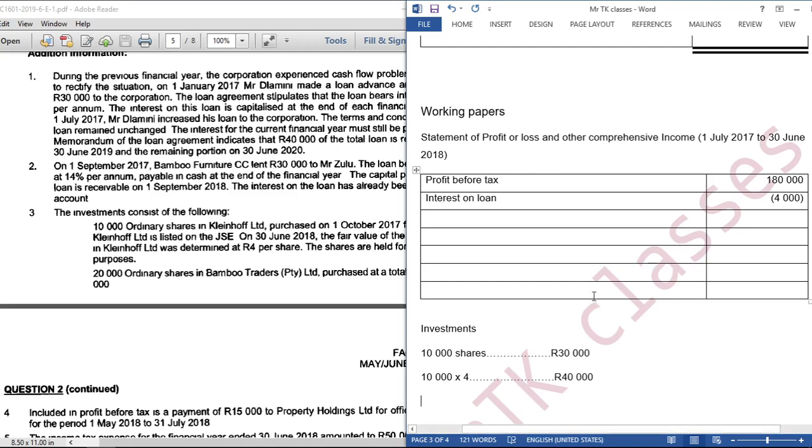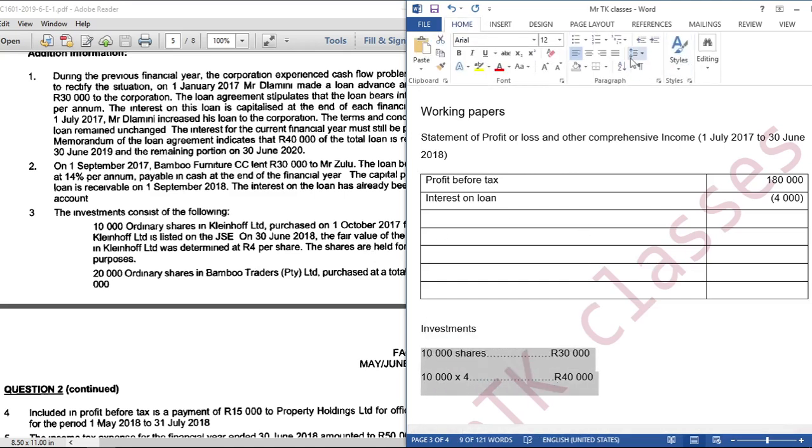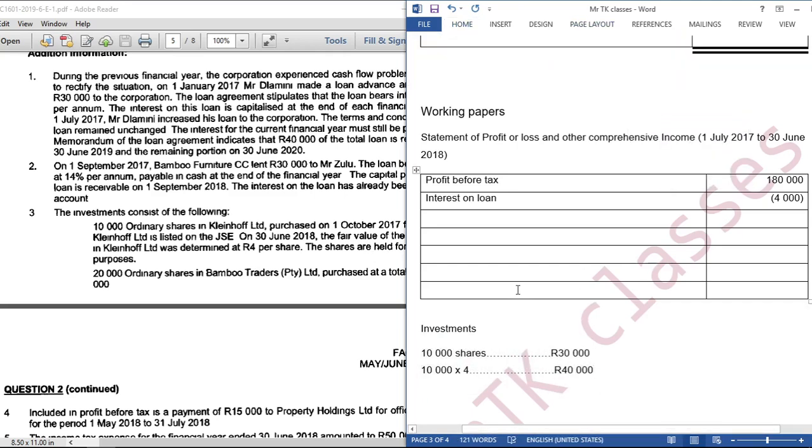Okay. So now we need to see the amount that they appreciated with. Let me just say fair value adjustment.